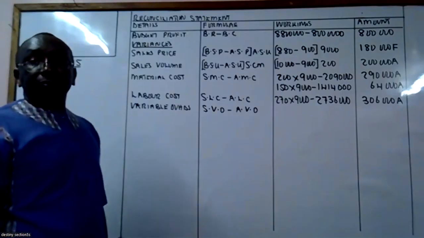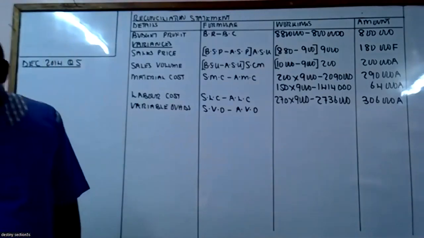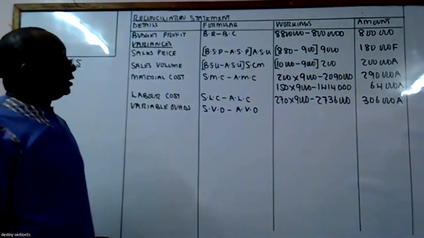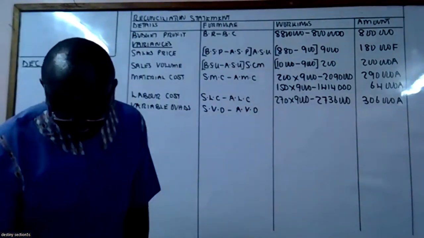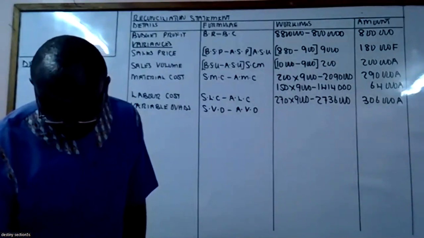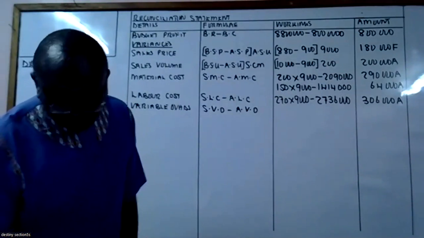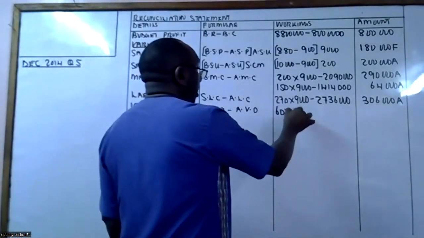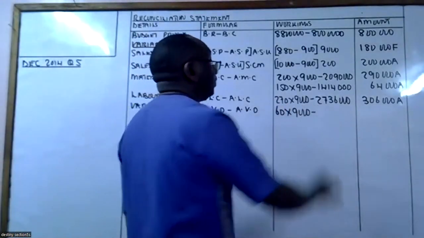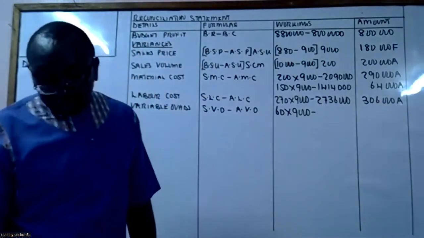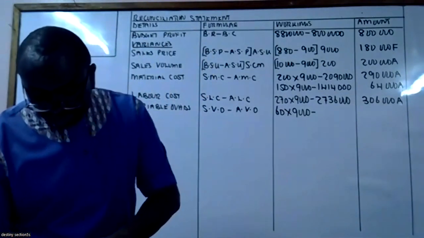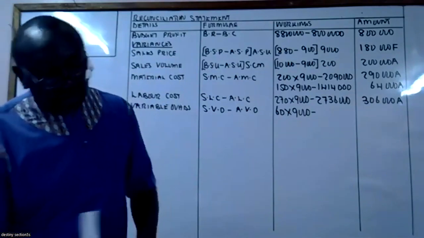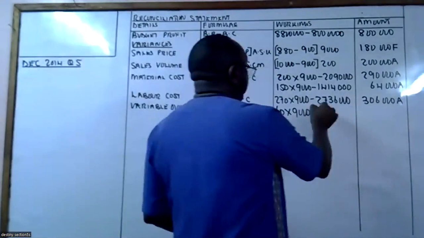So this one, the standard, as you can see up there, it is 60 per unit. So 60 times 9,000. And then you go down there and find that the variable overheads, actual, they were 520,000.